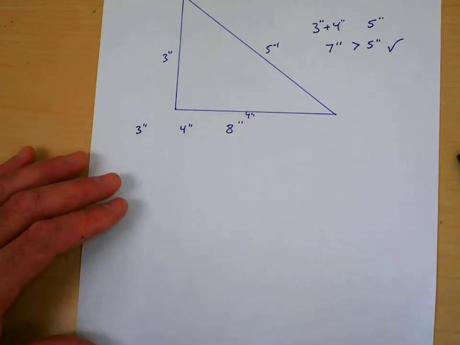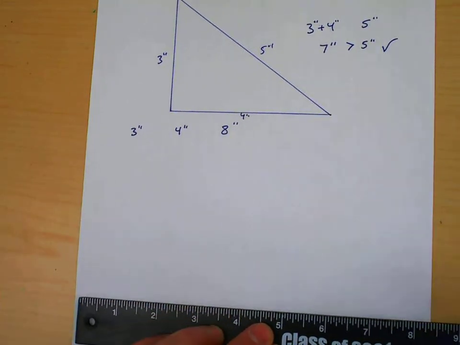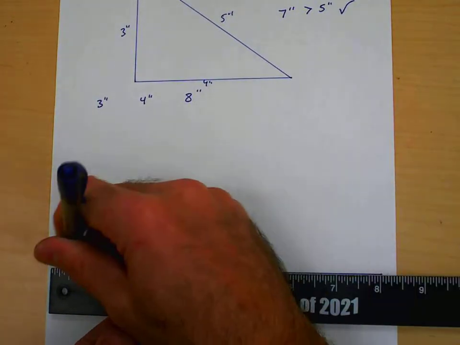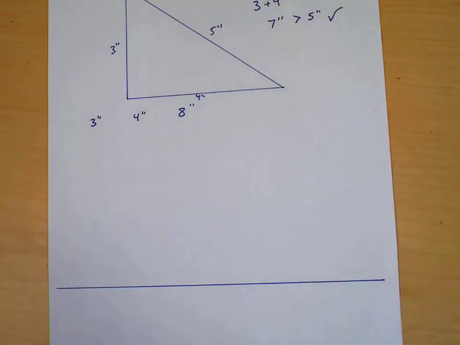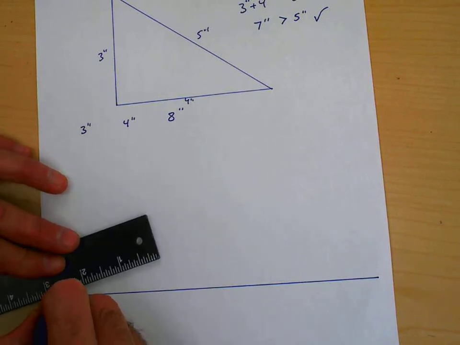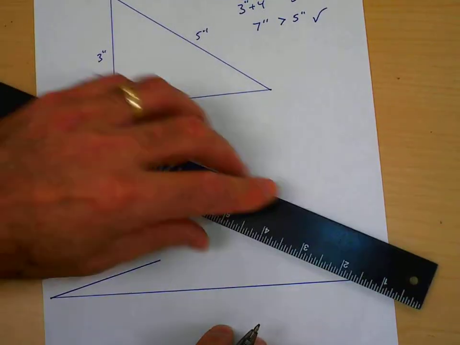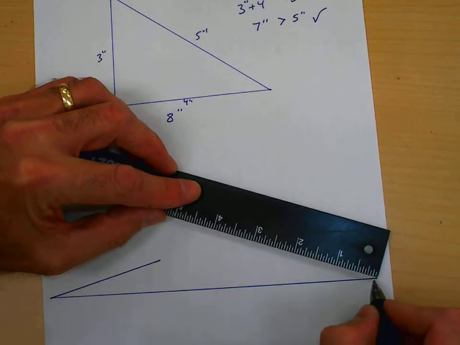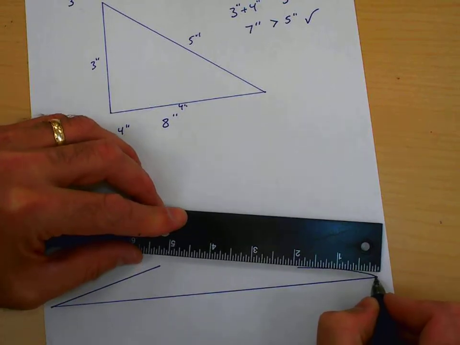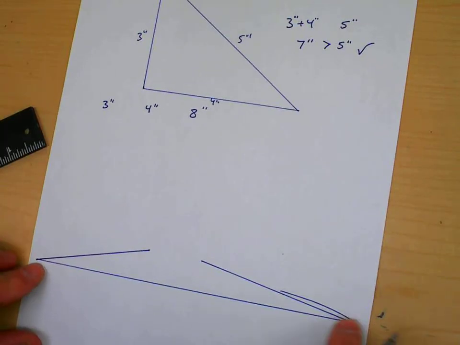3 inches, 4 inches, and 8 inches, on the other hand: if I put an 8-inch segment down here and I draw 8 inches, and I go from one end and try to draw a side, is there any way a 4-inch side and the 3-inch side could meet up to create the other side of the triangle?